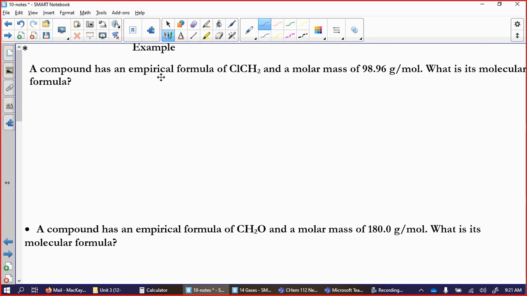Because we can do something with this. If you're given the molar mass, we can calculate how many times we have to use the empirical formula.